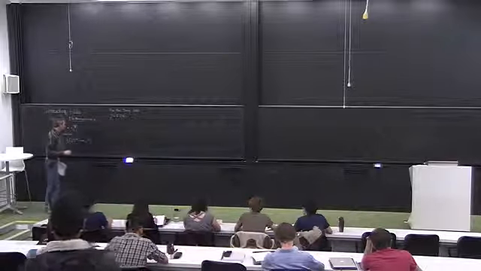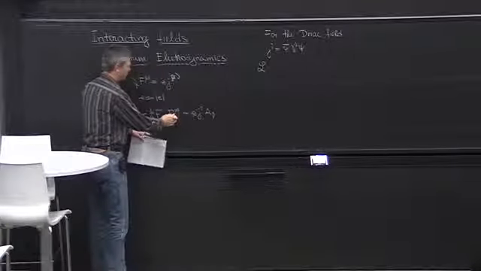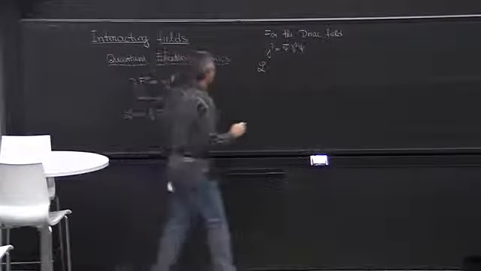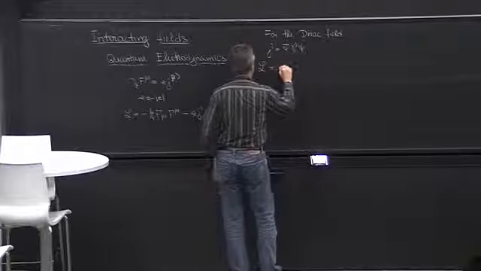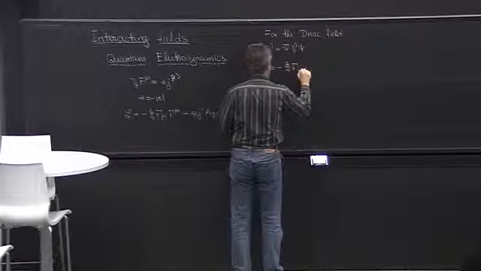So at the end, we just combine this, the electromagnetic field theory, with the Dirac theory. And the resulting Lagrangian is here.